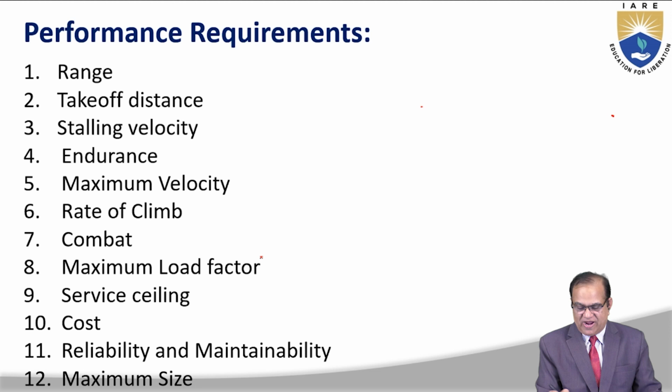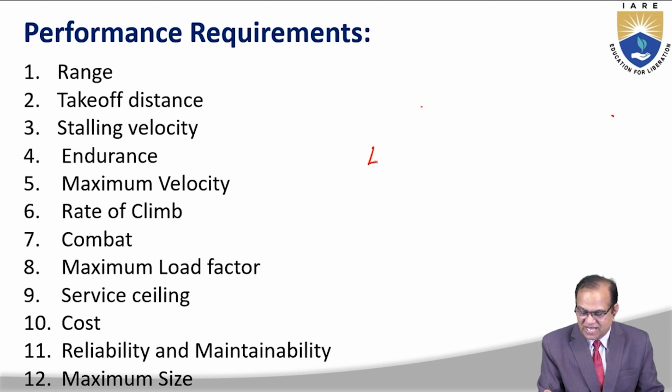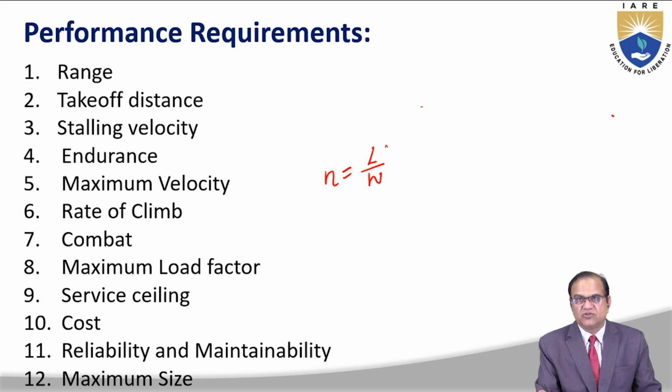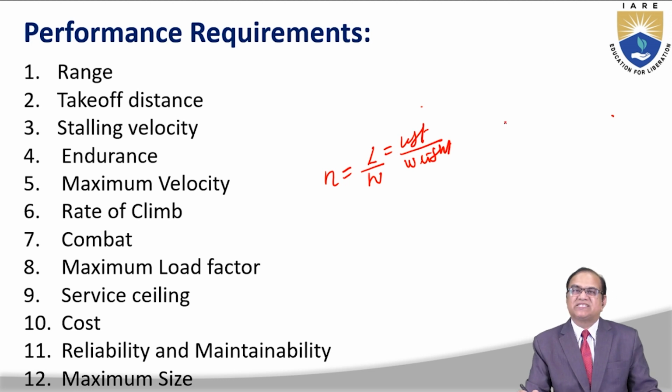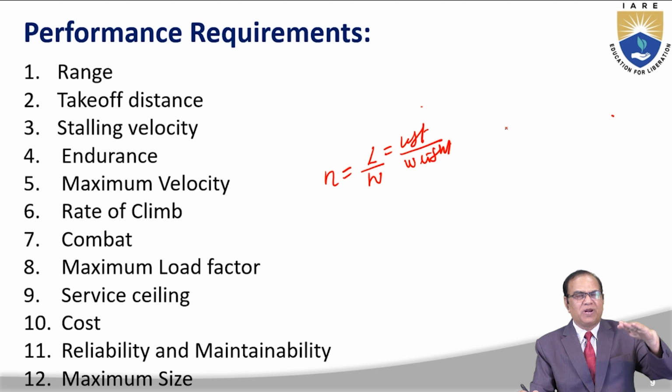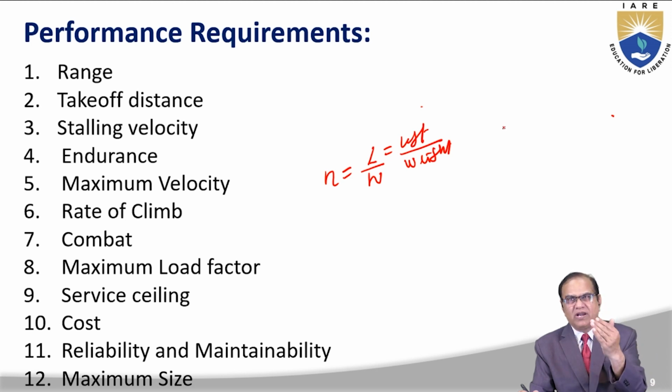Then maximum load factor. So load factor is L by W. It is called small n. This small n is equal to lift divided by weight. So how much maximum load factor your aircraft can sustain. For a cruise flight, n is required just 1 or 1.1.